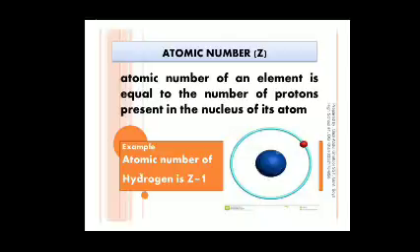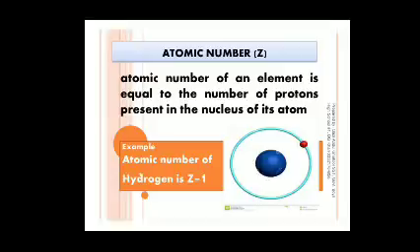From the atomic number, we know the number of protons and electrons present in the atom. So atomic number Z is equal to the number of protons or the number of electrons.